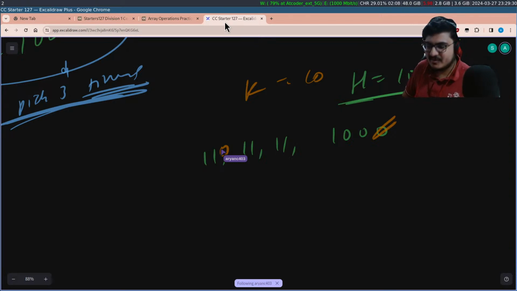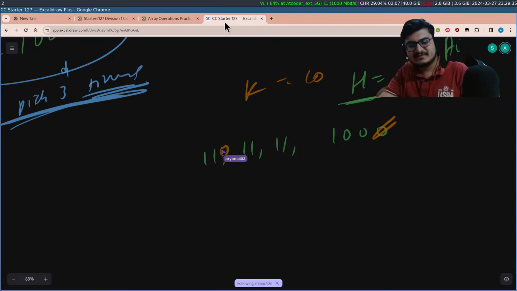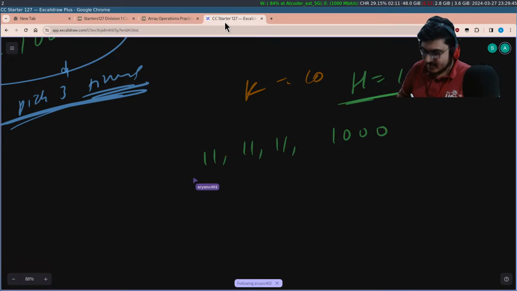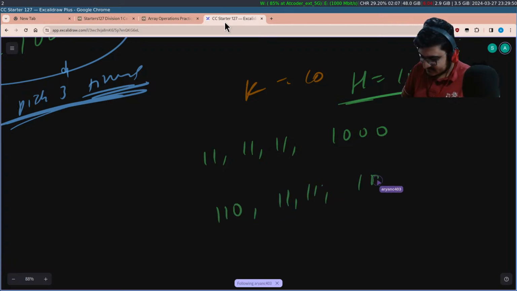But the crux of this problem was sometimes it's optimal to make numbers which are greater than h less than h if it can give us extra operations there. So if you have three numbers like this, among all the ideas we tried so far, the max we would have got was this case. The answer would be 2.